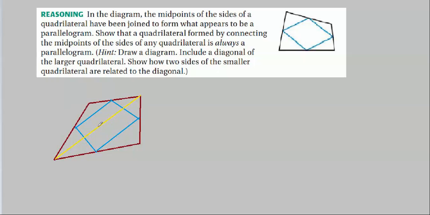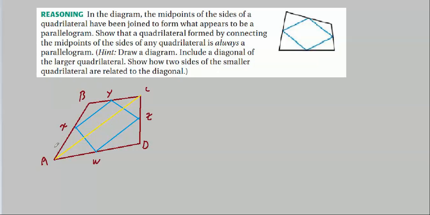Or you could say the parallel side, but the fact that it's parallel is kind of irrelevant. We connect the midpoints because these are just two sides of a triangle now. We have a midsegment which is half of this. So first thing I should probably do is put some labels in here.